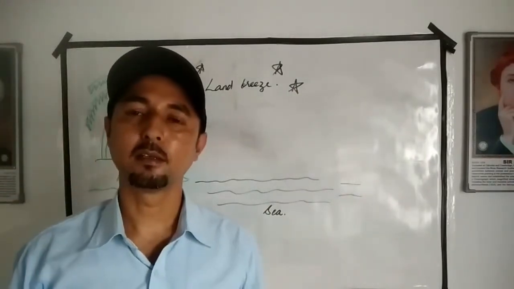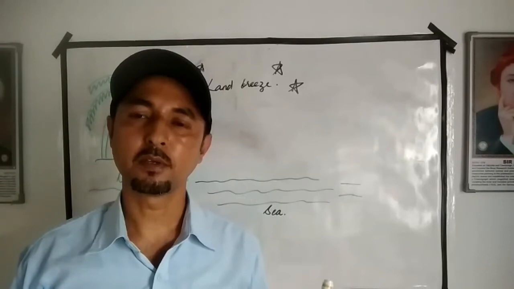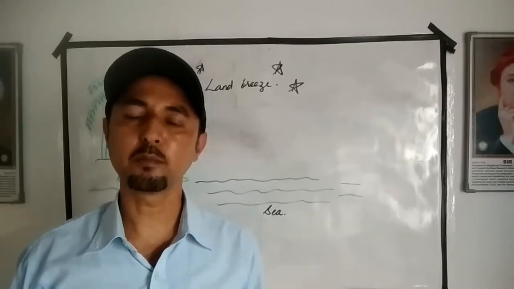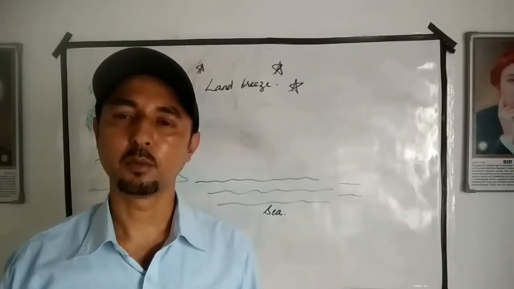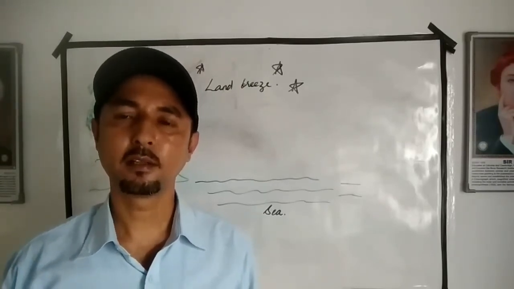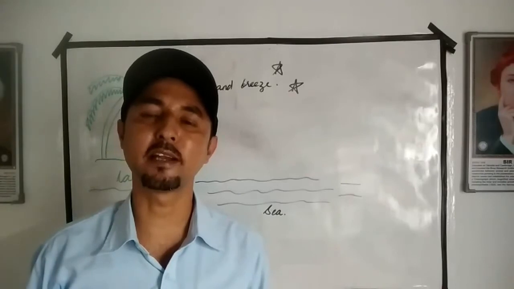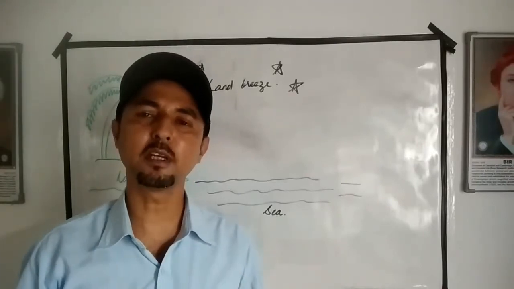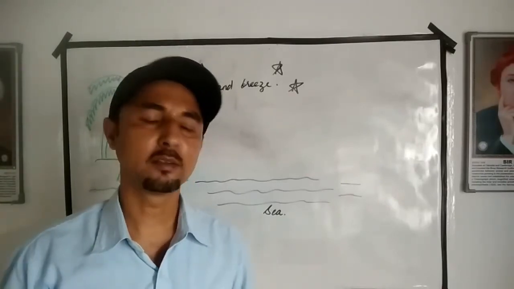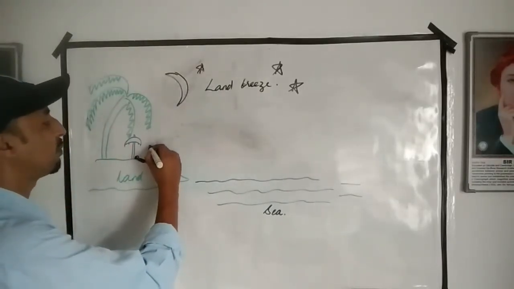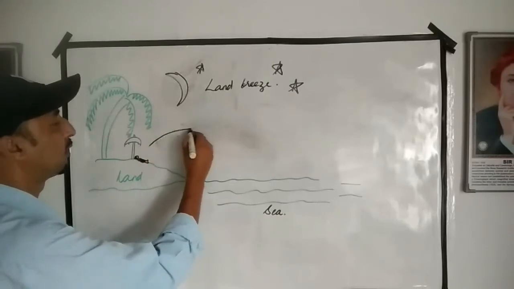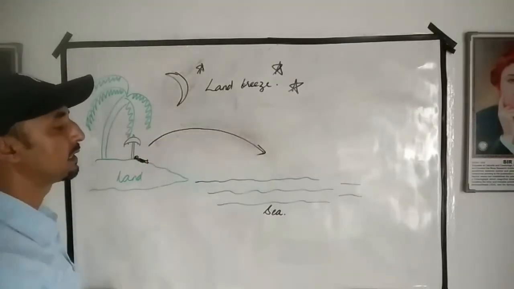Since the land is a solid made up of soil, it becomes cooler faster than the sea, which has water in it. Therefore, a difference of pressure is created. Just the opposite of sea breeze, the cool air from the land moves towards the sea.